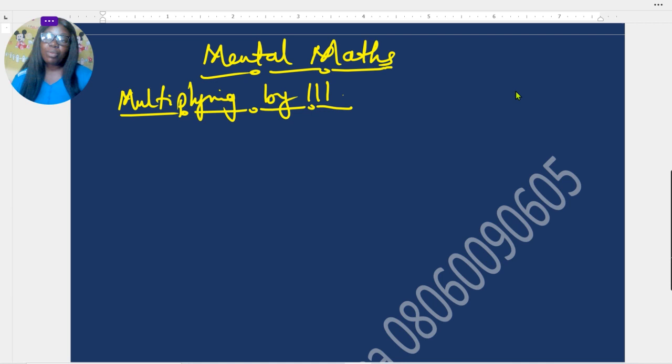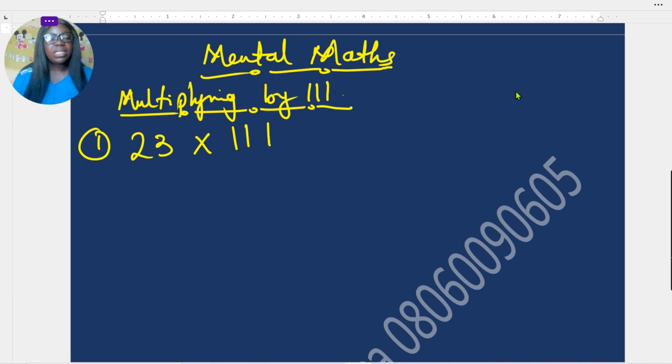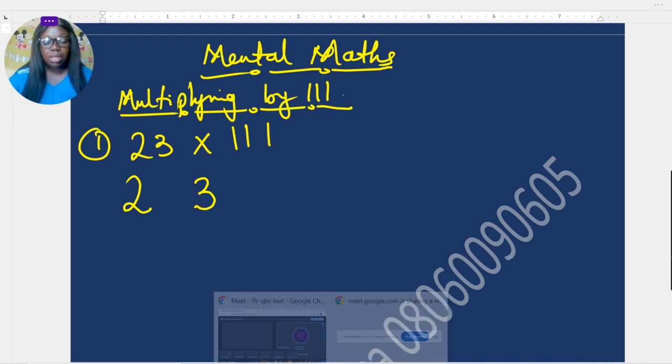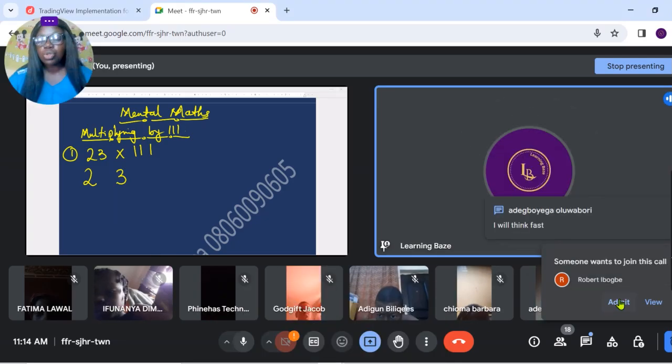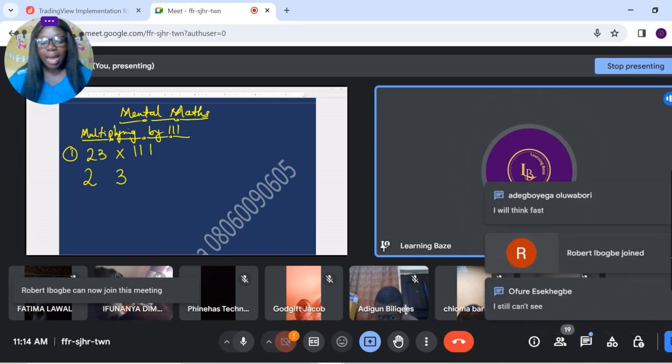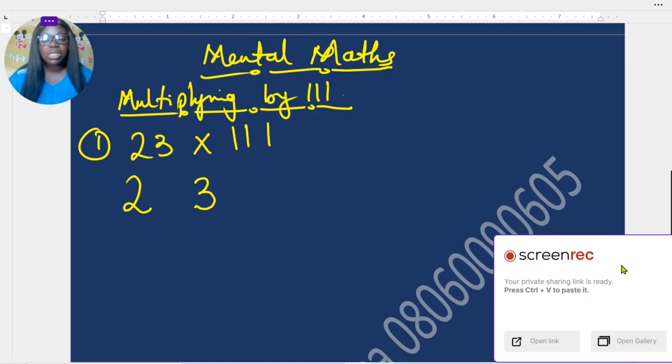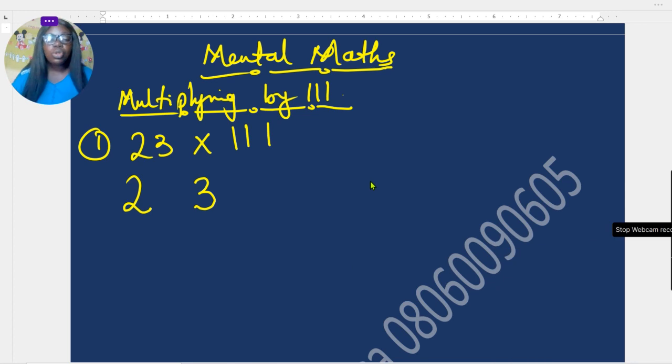Okay, so now multiplying by 111. Look at the first example. If I have 23 times 111, this is what I am going to do. I'm going to write the first digit of the number and the last digit of the number, giving a space in between. Then I will add the two digits together. 2 plus 3 will give me 5.